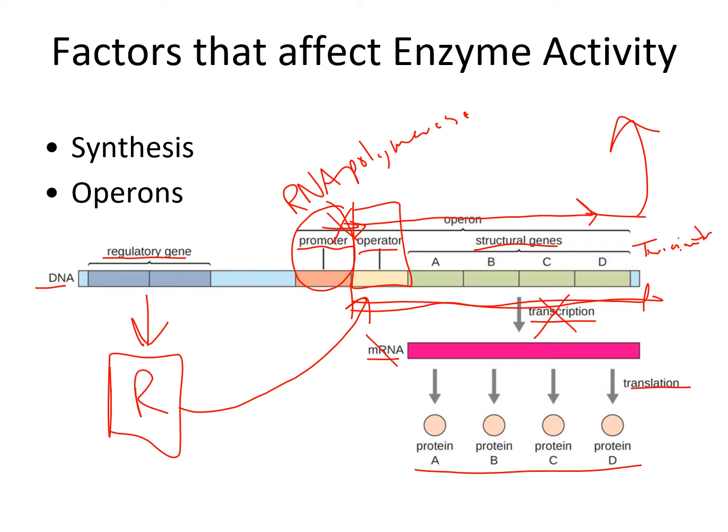If there's no transcription, there's no mRNA, there's nothing to translate, and no proteins are produced. So the first way to control enzyme activity in prokaryotic cells is by using an operon and controlling the gene expression of these enzymes at the transcriptional level.